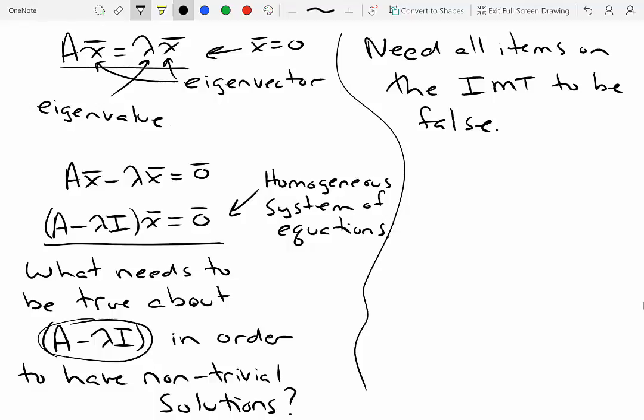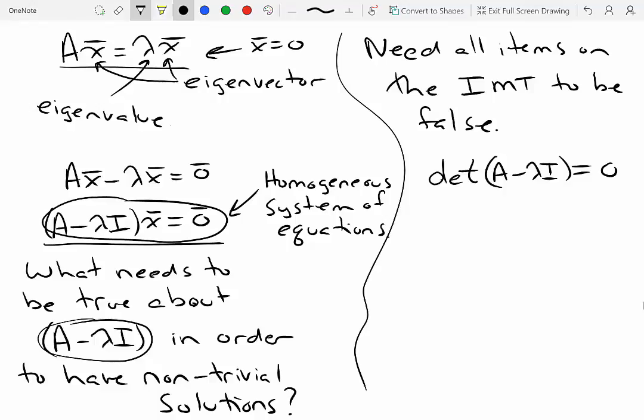We've got a whole lot of things that we could say would have to be true. The one that we will use is about the determinant because it works out really nice for the computations that we need. So if I need the items on the invertible matrix theorem to be false, then that is going to imply that I need the determinant of A minus lambda I to be equal to 0. That will make everything on the invertible matrix theorem false, which will mean that the homogeneous system has non-trivial solutions.